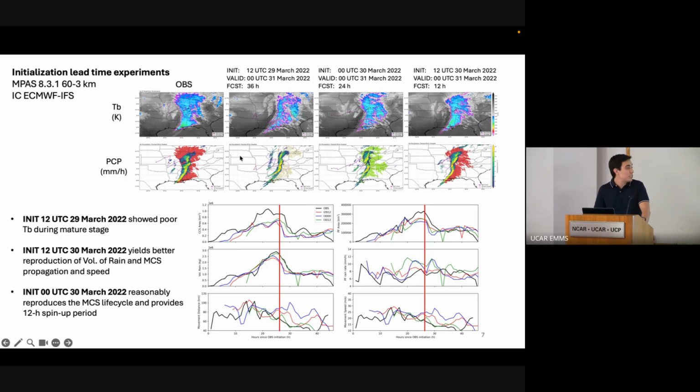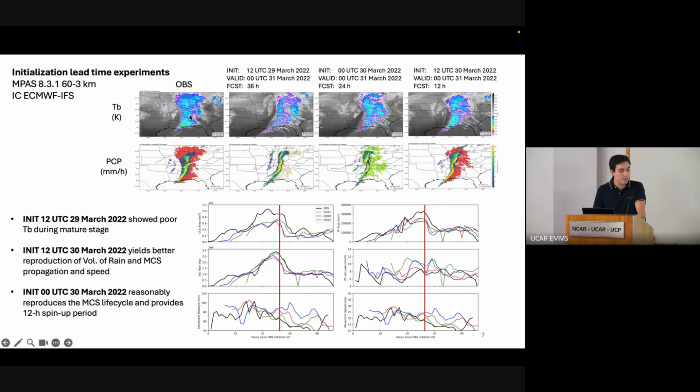And in terms of precipitation, here in the bottom row, we have the precipitation at this time. This mask behind the precipitation contour is basically the brightness temperature field shown in the first row.